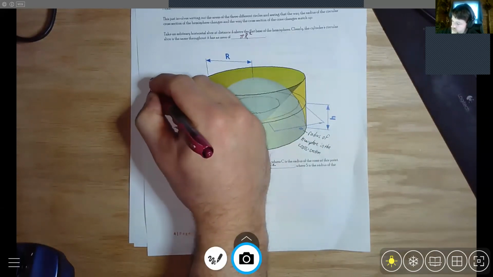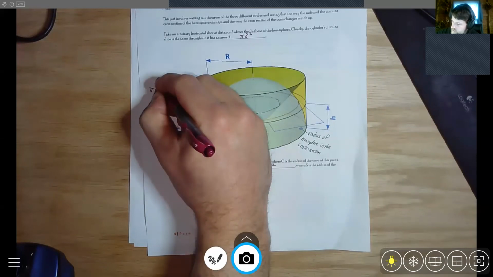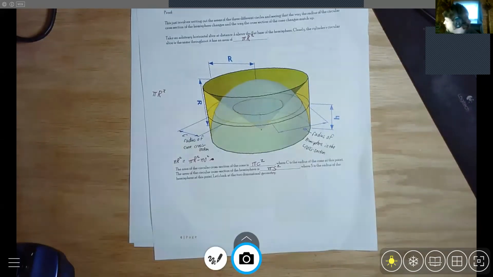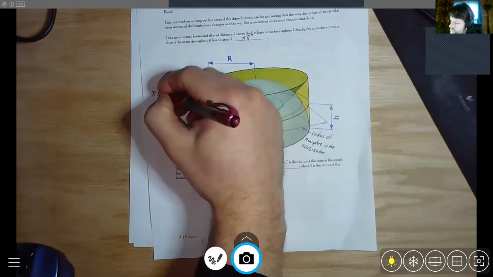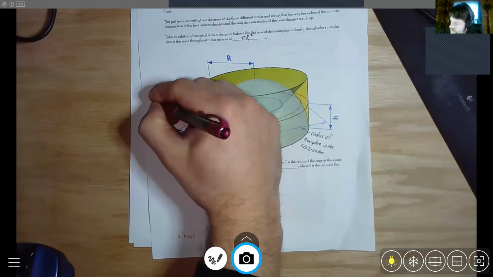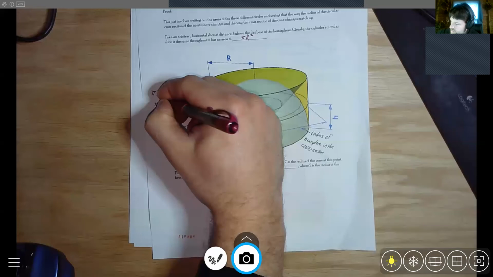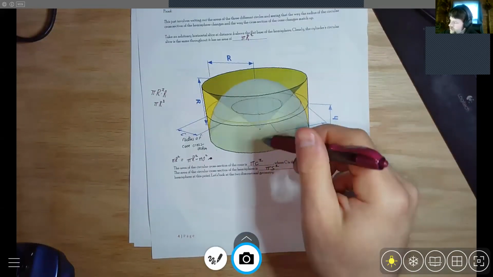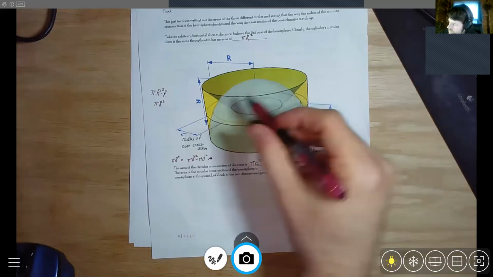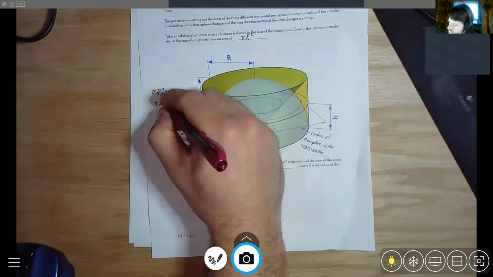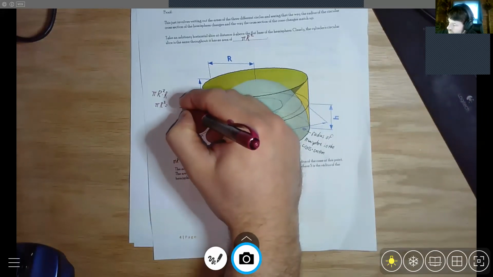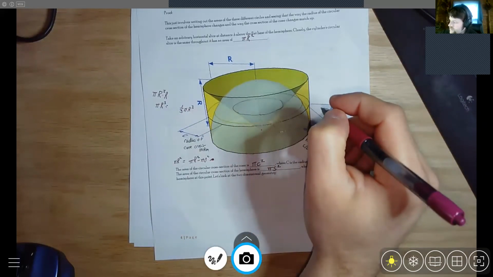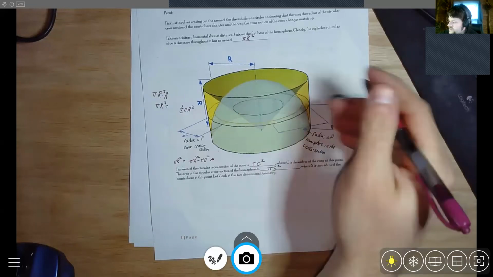So the volume of the whole cylinder is pi r squared h, but we know that r is our height. So we said the volume of our cylinder is pi r cubed. Now if we take all the areas of our cone, we knew that our cone was 1/3 pi r cubed. And then the hemisphere, that's what we're trying to figure out.